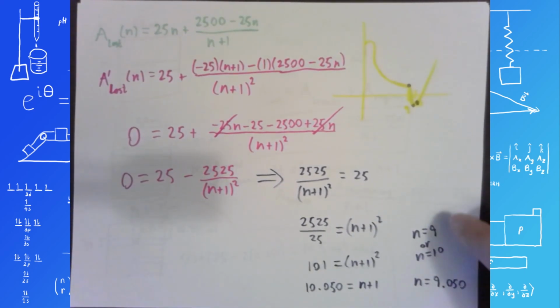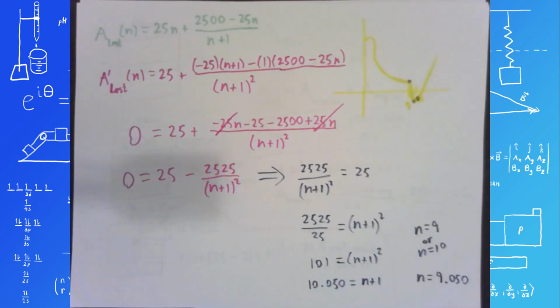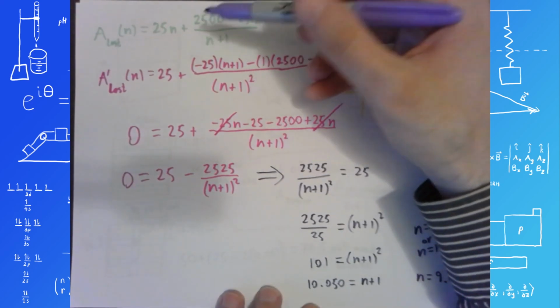So let's go back and test 9 versus 10 and see which one of those gives us the lowest area lost. So I will switch to this lavender color for that.